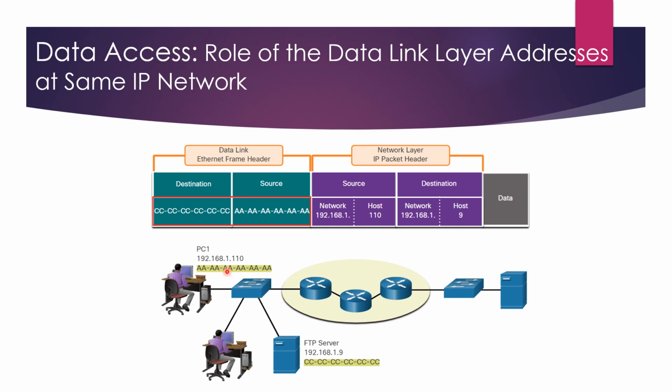The MAC address of the Ethernet network interface card for PC1 is all A's. The destination MAC address, when the receiving device is on the same network as the sending device, is the data link address of the receiving device. In this example, the MAC address of the destination device is all capital C's. The frame with the encapsulated IP packet can now be transmitted from PC1 directly to the FTP server.